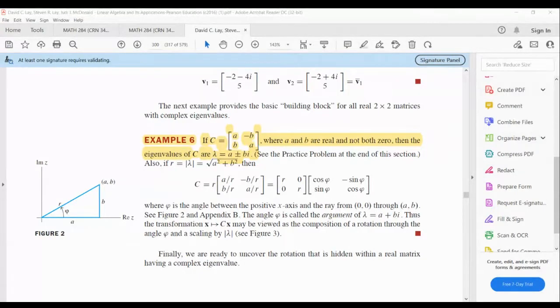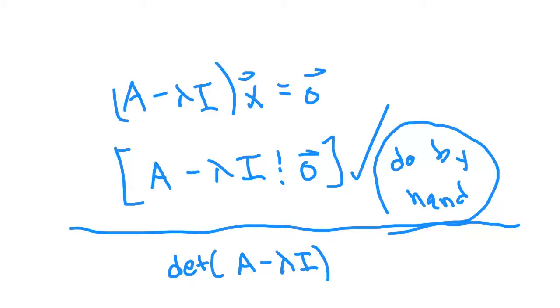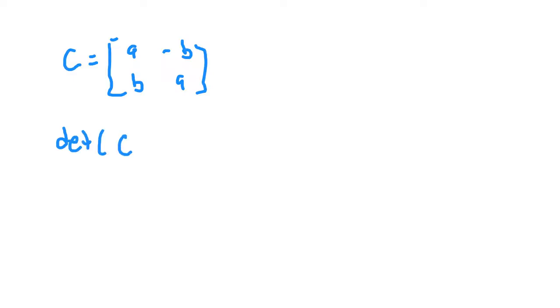Let's go to the whiteboard for a moment to justify that. You have this matrix C with these particular entries. First column is a, b, second column is negative b, a. And you want the eigenvalues. So the eigenvalues come from the determinant of C minus lambda I being equal to 0.